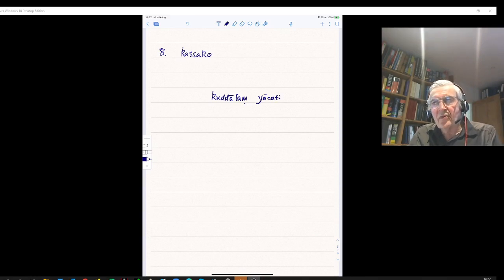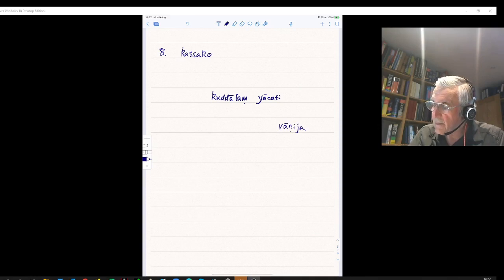He asks the merchant for a hoe. In English we can say he asks for a hoe from the merchant, or he asks the merchant for a hoe. In Pali you have to use the ablative here. So varnija, merchant, varnija. So we can have either varnija, ablative, or varnijamha.